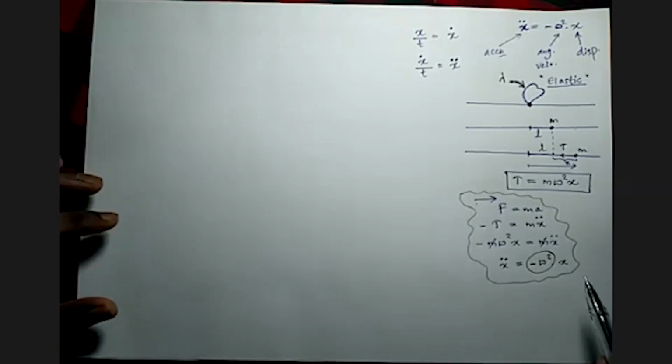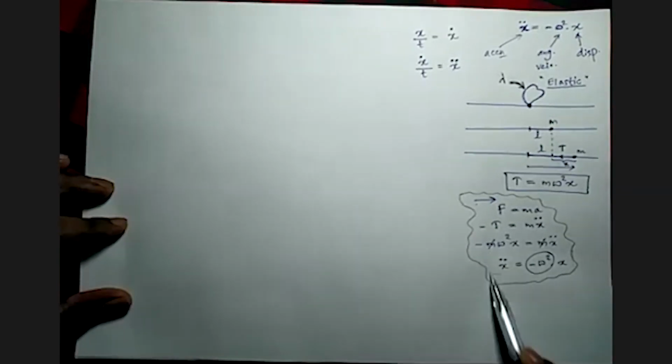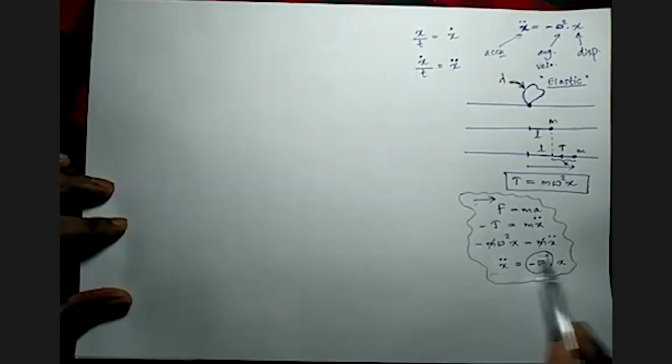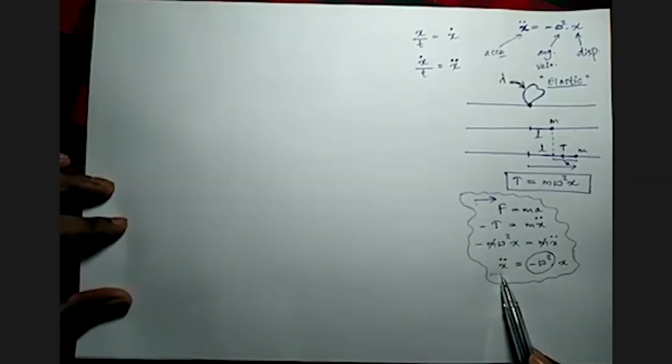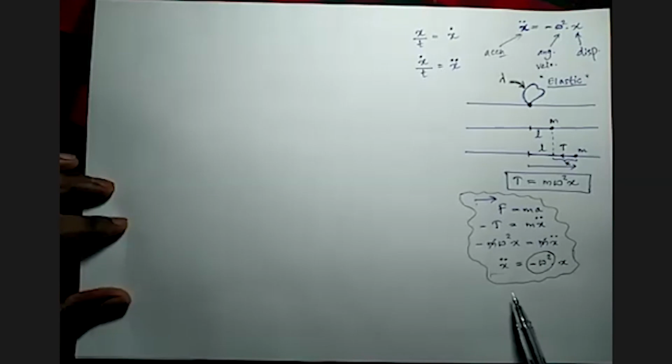For every simple harmonic motion problem, you have to apply this. First, you should mark the forces and apply F equals ma. Then, you have to arrange your equation to this form: x double dot equals some constant into x, the displacement.